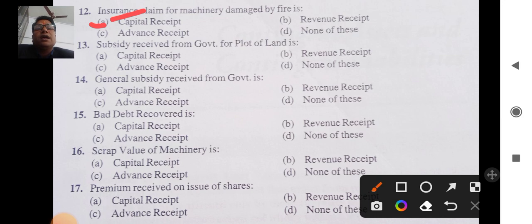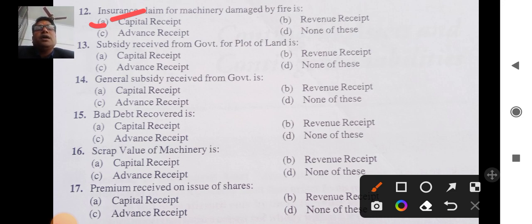As I have already discussed in the last questions, if assets realize something, that would be capital receipts. If assets are lost, that would be capital loss. And if there are receipts in the circulation of the assets or from the assets, that would be revenue receipts or revenue profit, income, etc.